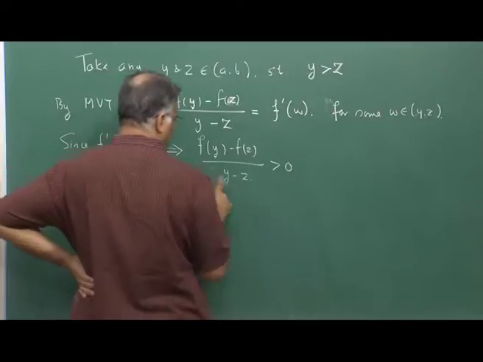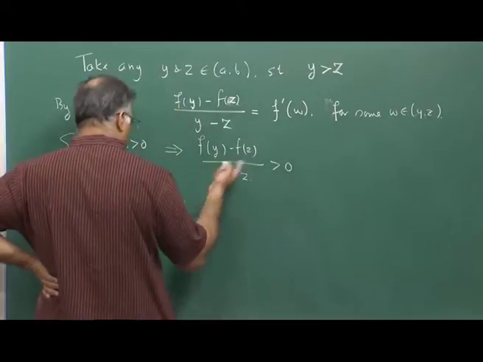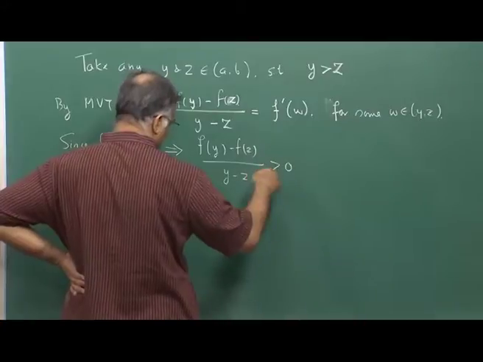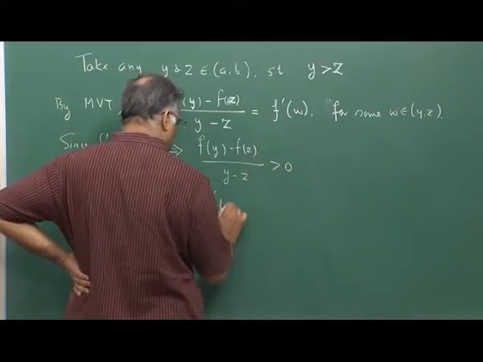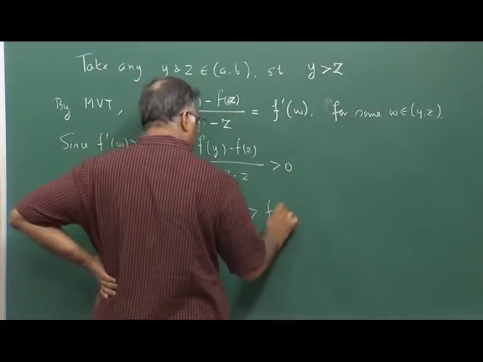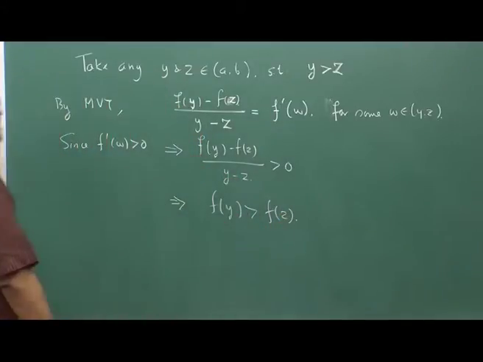Now you multiply both sides by y minus z, which is strictly bigger than 0, so the inequality does not change. It simply means that Fy is strictly bigger than Fz, which shows that f is increasing.